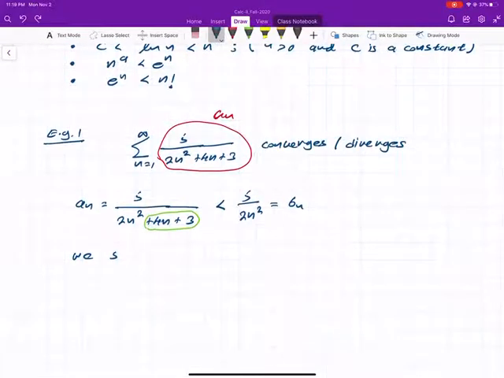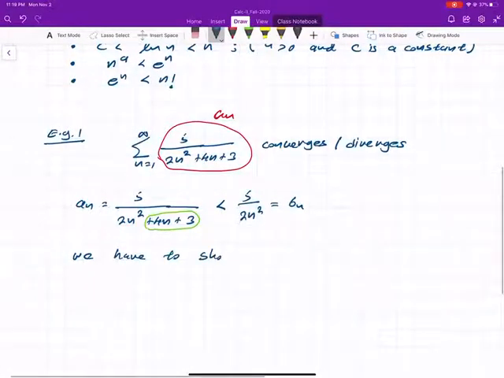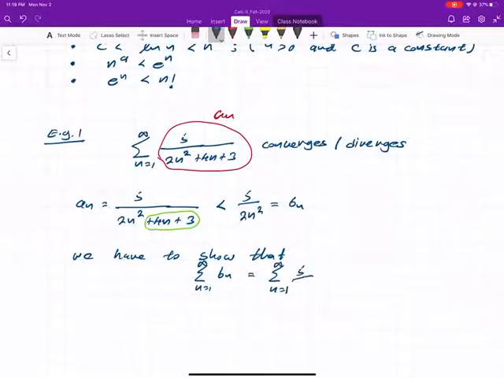We have to show that sigma Bn, n goes from 1 to infinity, that is sigma n goes from 1 to infinity 5 over 2n square, converges.